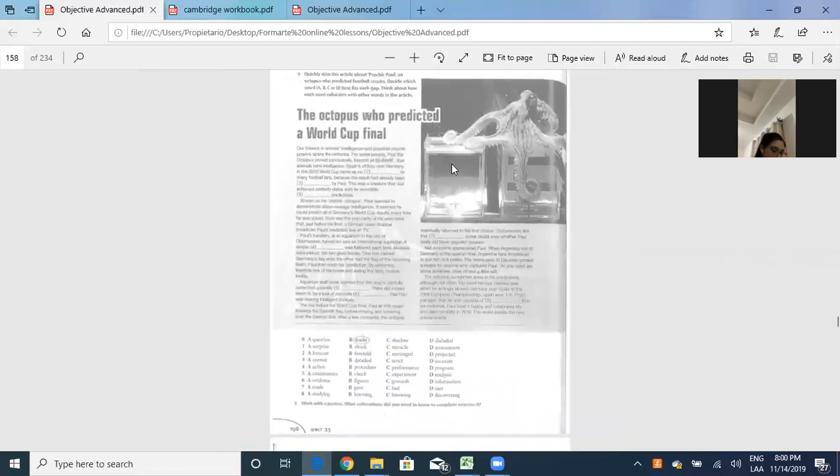The octopus who predicted a World Cup final. Maybe you remember that octopus. No, you don't remember that? It was famous. For this World Cup they had this octopus with the different flags, and the octopus predicted who was going to the finals. It was kind of weird. In what World Cup did that happen?